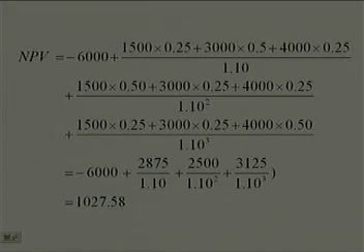Now, if you calculate it this way, you will find that net present value is coming to be 1027.58. So, this is how we incorporate the expected values into our calculations.